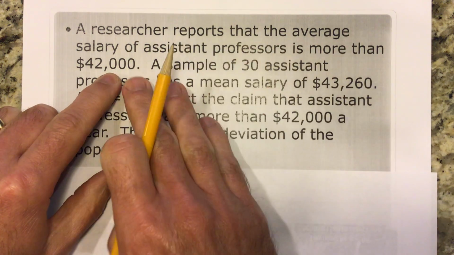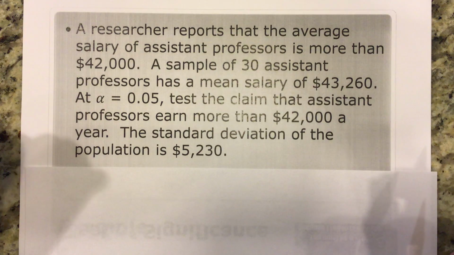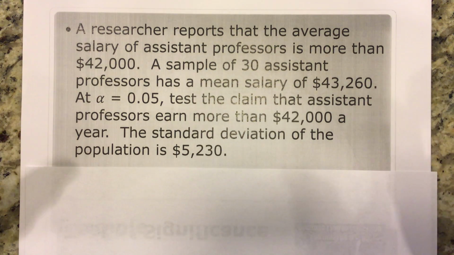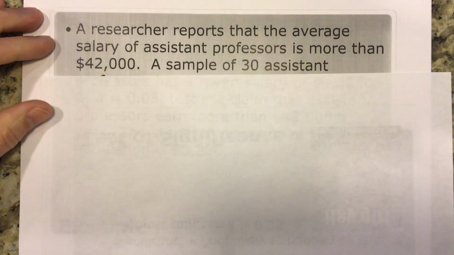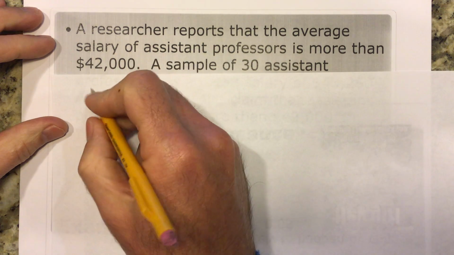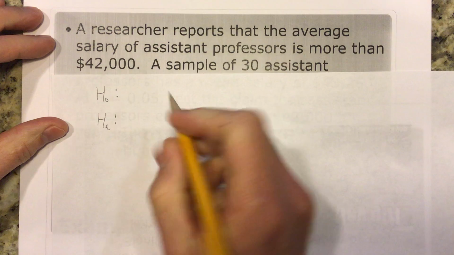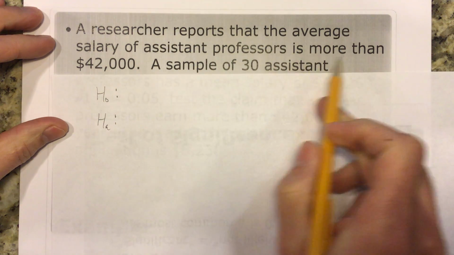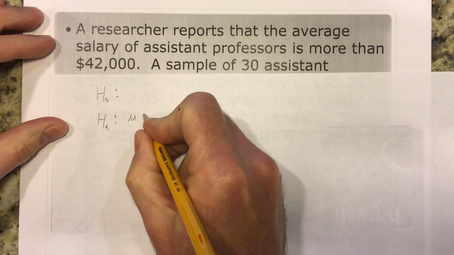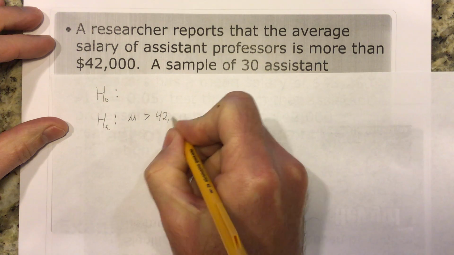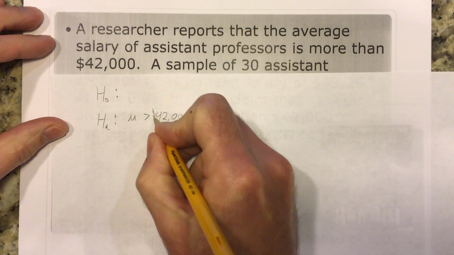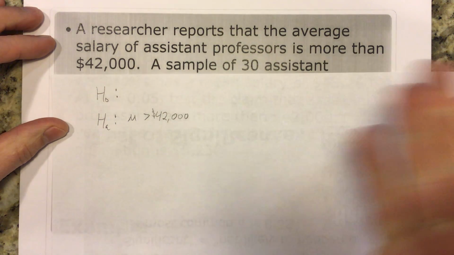Right there, they just told you your null hypothesis. Well, they told you your alternative, which tells you your null hypothesis, okay? So the alternative hypothesis is more than $42,000. Okay, well, that sets the null.